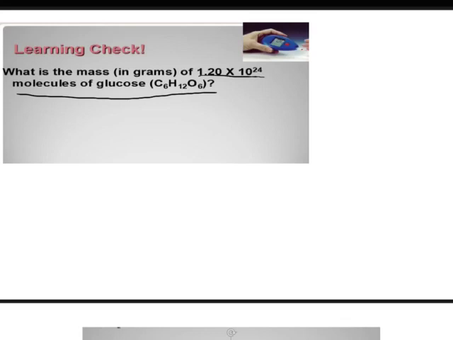Remember, that just simply means a specific adjective to describe glucose, but it is a particle which is related to Avogadro's number. And then the problem is asking us to solve for mass, which mass is always measured in grams.